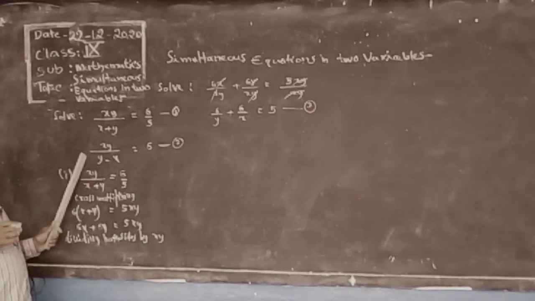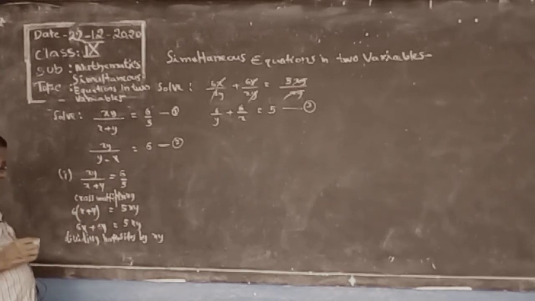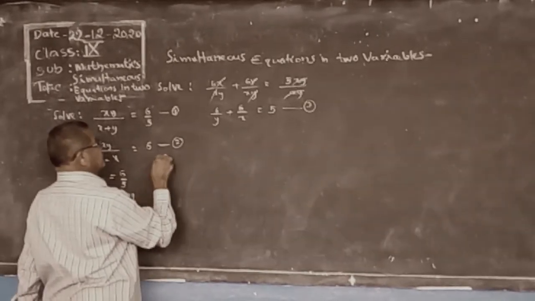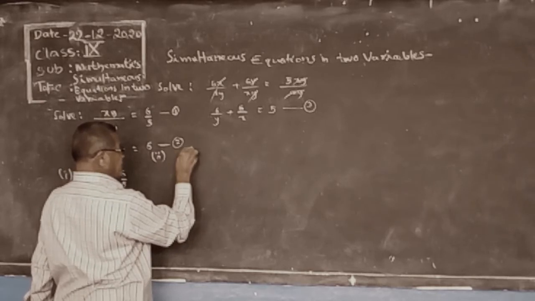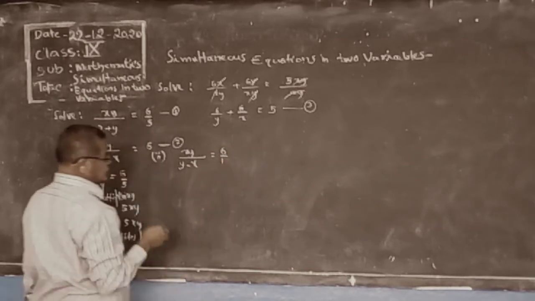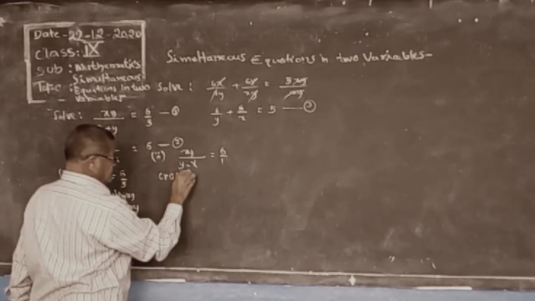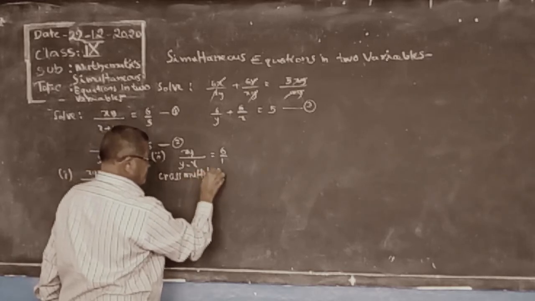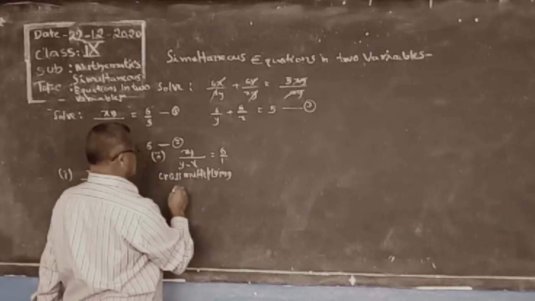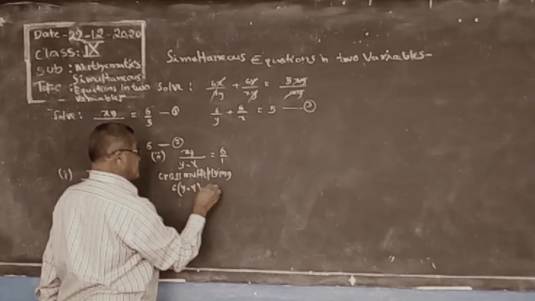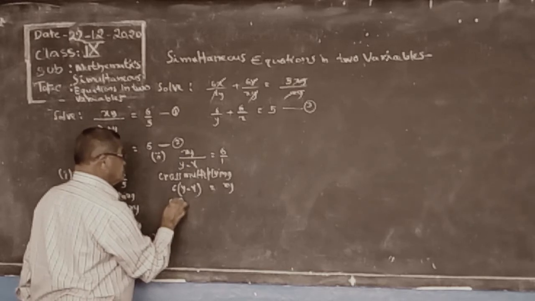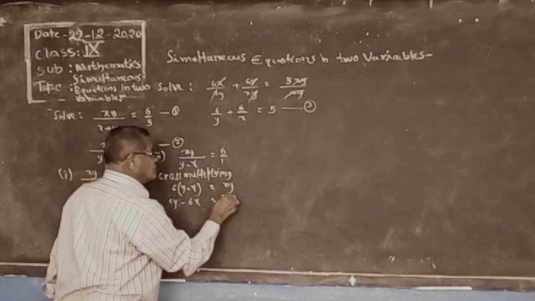And similarly, the second equation, cross multiply first. Second equation, number 2, xy by y minus x is equal to 6, which is 6 by 1. Cross multiplying, 6 of y minus x is equal to xy. 6y minus 6x is equal to xy.